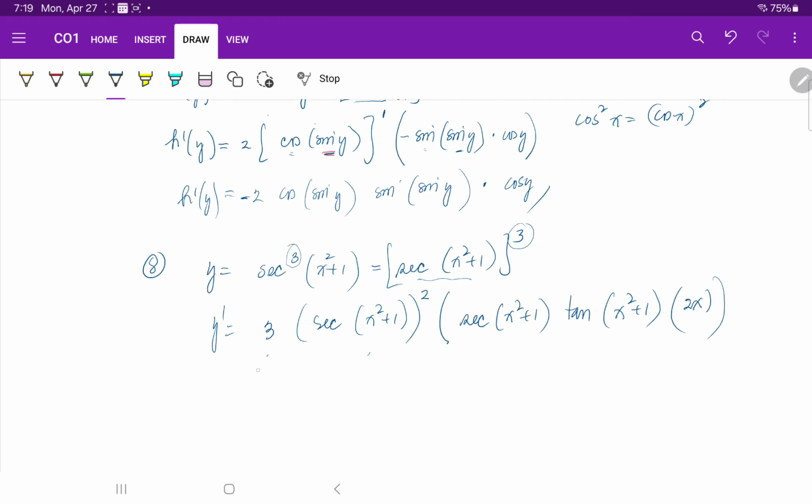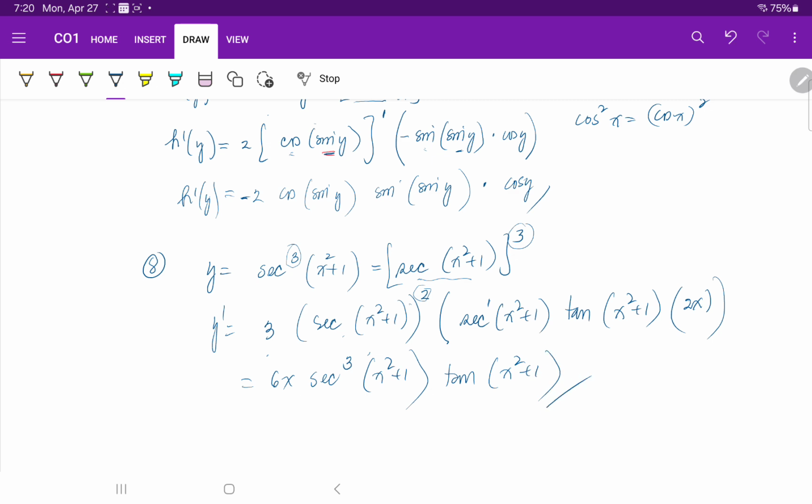Alright, so if you simplify, this is 3 times 2x gives us 6x. 6x, then secant squared times secant is secant cube, sorry, because you have here secant square times secant. So it's secant cube. Then times tangent of x squared plus 1.